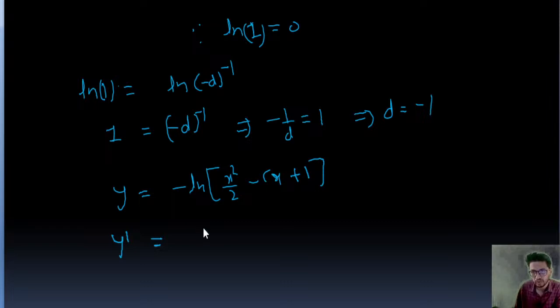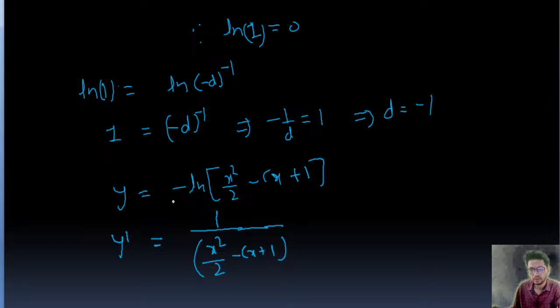So this is going to be 1 upon x square by 2 minus cx plus 1. Okay, this is the value, because the differentiation of ln x is equal to 1 upon x. Okay, and then differentiation of this is going to be x minus c.